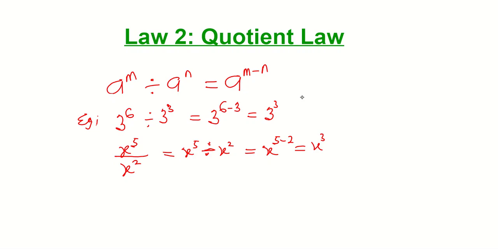So we move on to the last law, and with the last law, we have the power law. That is law 3. The power law is saying that if we have a exponent m, and this a exponent m also has another index or exponent n, then we can simplify it by writing the base and multiplying the exponents, because m is an exponent to a and n is an exponent to a exponent m, so we can multiply them as mn.